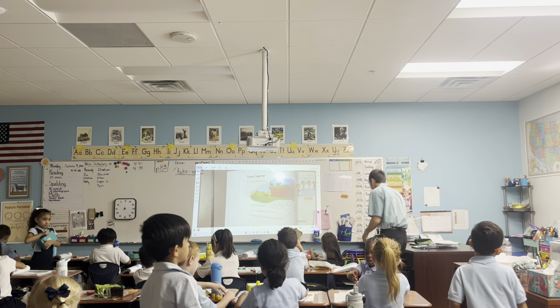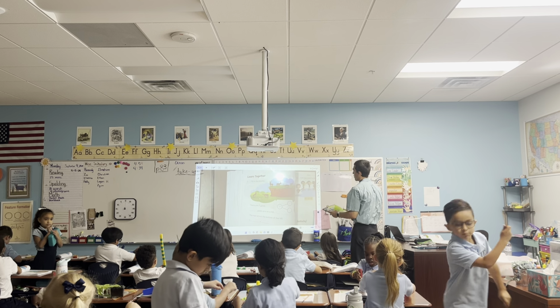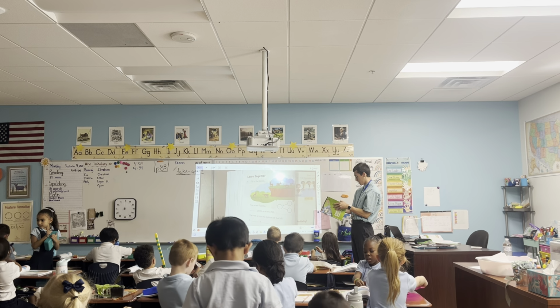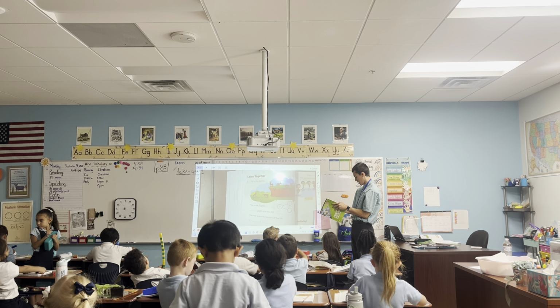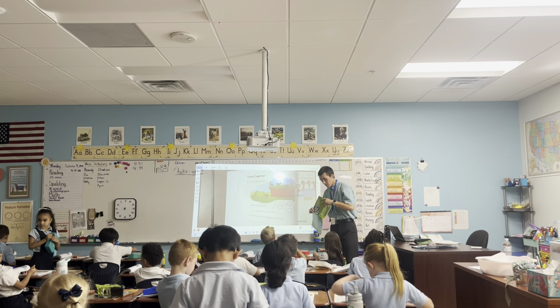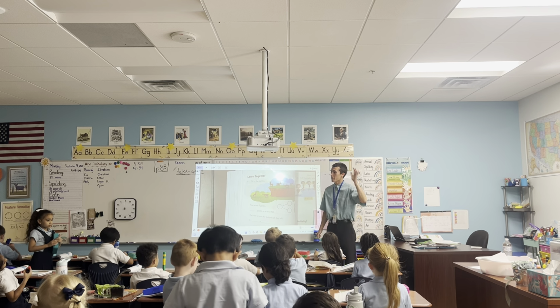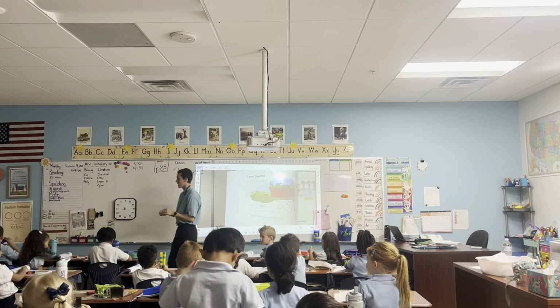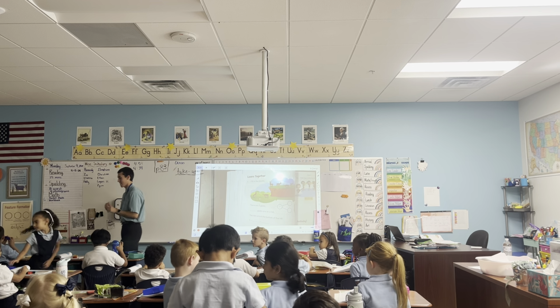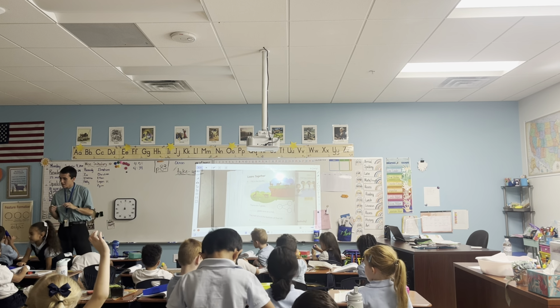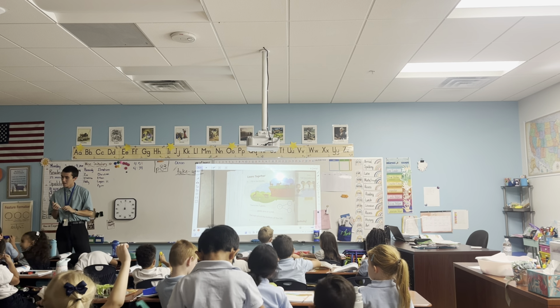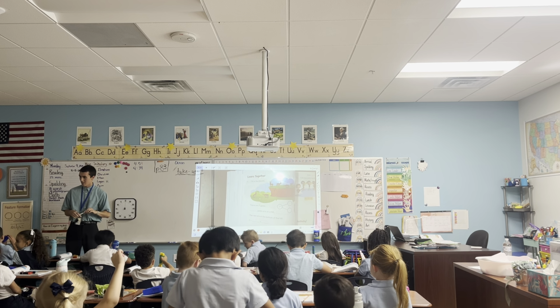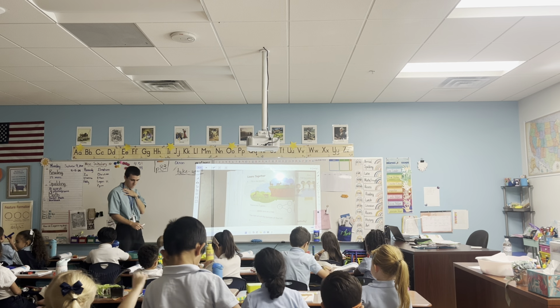Alright, let's send everyone back in 5, 4, 3, 2. Alright, who has a story that they want to share with everyone? Gianna, what's your story? Eight people at the beach, okay.